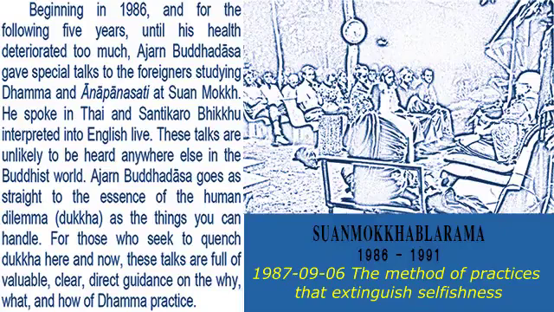And then through this attachment, they're tricking us into thinking that they are permanent, beautiful, satisfying, and that they are selves. And this leads us into all kinds of efforts to acquire more and more of these pleasant feelings because of this attachment to them.